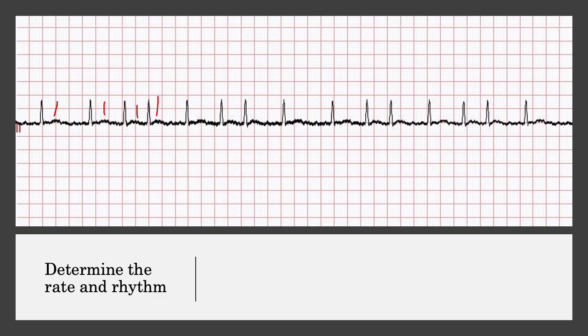But otherwise, that baseline activity is chaotic. It is bouncing around all over the place, and there are no true discrete P waves. So I have a narrow complex, irregularly irregular rhythm with chaotic atrial activity with a heart rate of about 110 beats per minute. And so this is clearly atrial fibrillation.